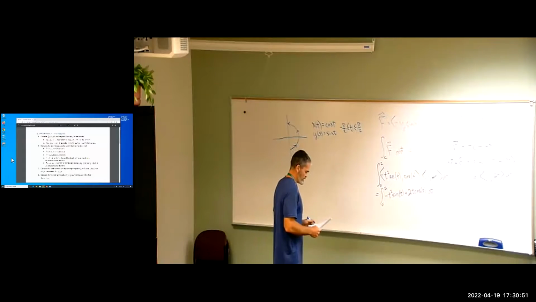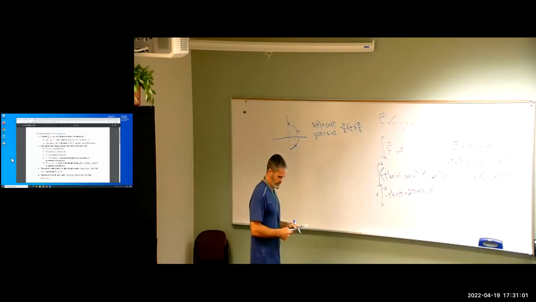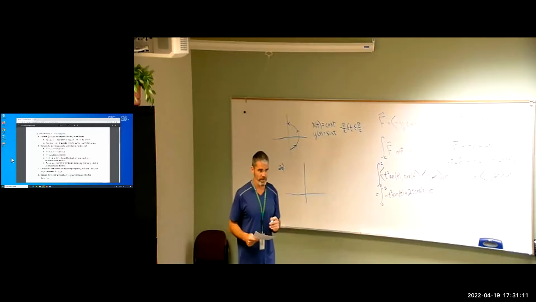Okay. The other one is 4E, or excuse me, not 4E, 2E. So if we look at that one, now you've got a triangle joining 3 points. And there's a reason I want to have you guys do this one today, but I'm going to have you do it in a very specific way.